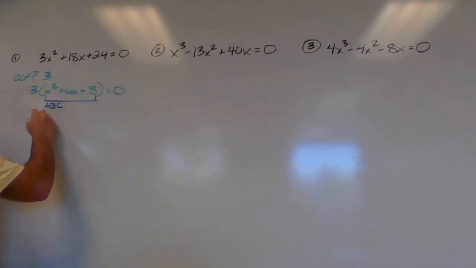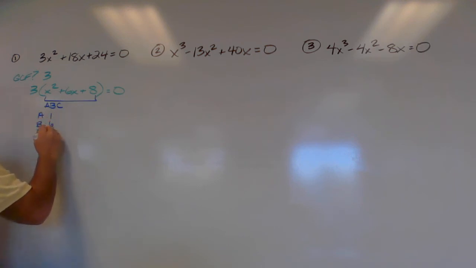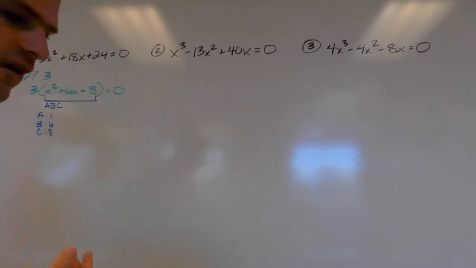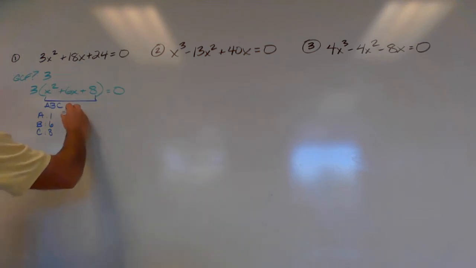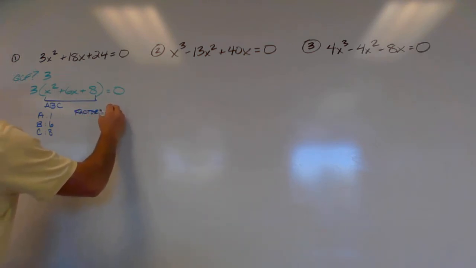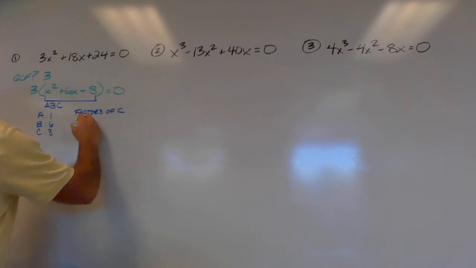As in previous videos, my A value is 1, my B value is 6, and my C value is 8, and I'm going to try to figure out, are there factors of C that add up to B?